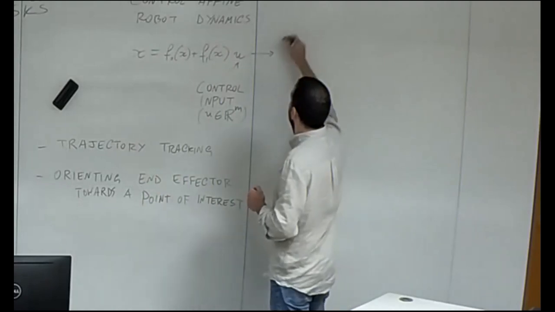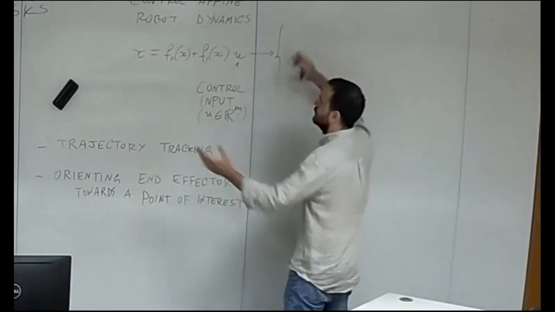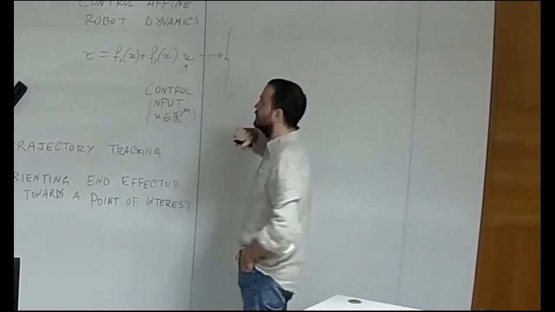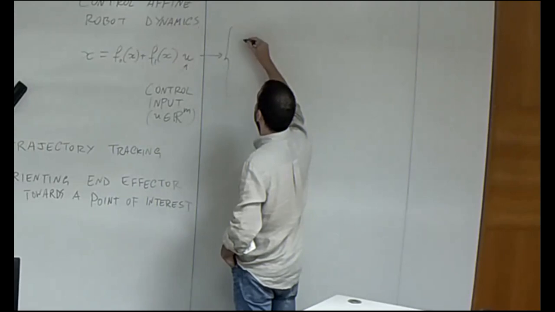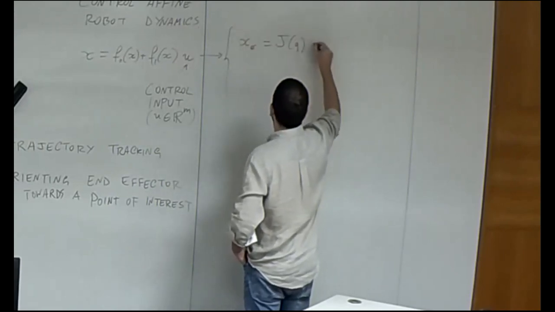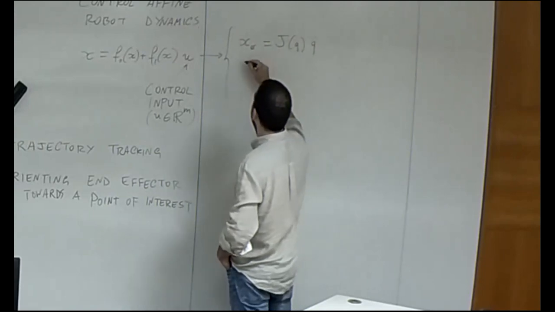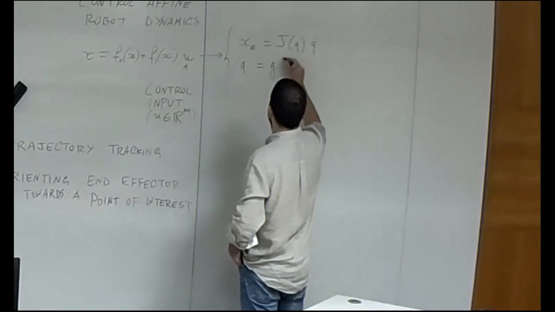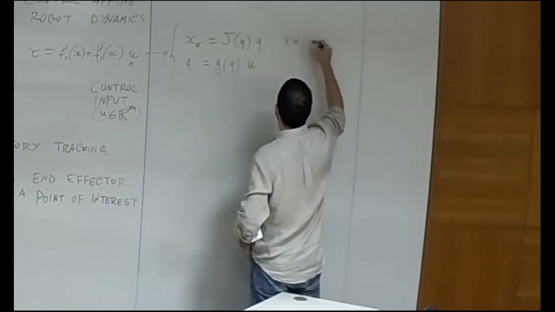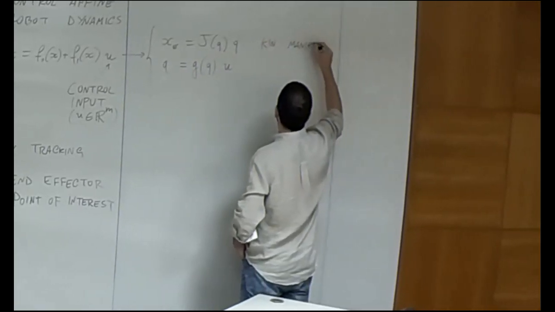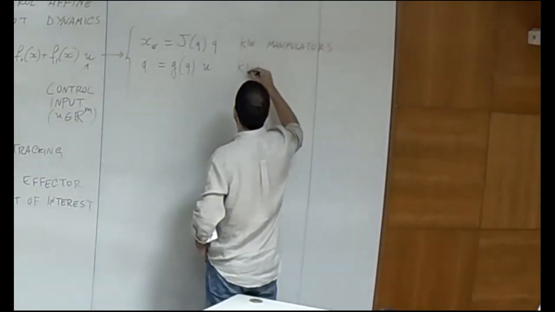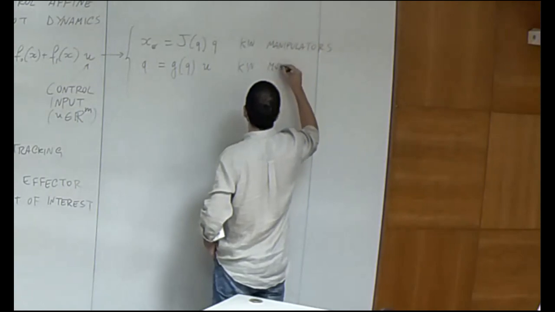This can take the form of the kinematic and dynamic models that we saw in the first lecture. This is the kinematics of a manipulator. This is the kinematics of a mobile robot.